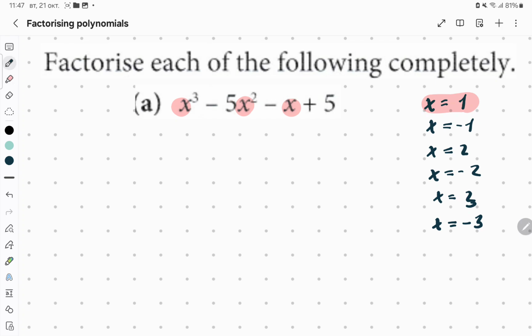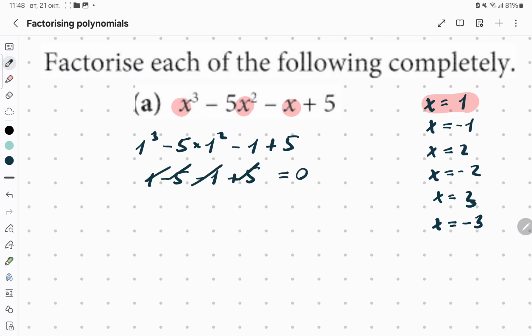Let's try together: 1 cubed minus 5 times 1 squared minus 1 plus 5, which is 1 minus 5 minus 1 plus 5. You see that it's 0. It means that our polynomial has a factor of x minus 1. So 1 is the root, and that's why we can write x minus 1.